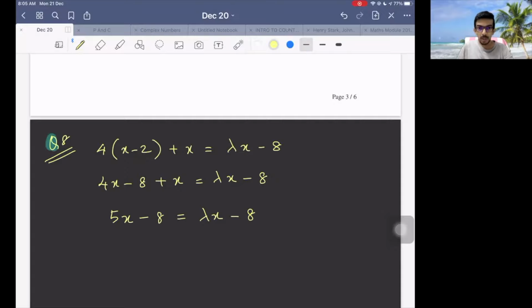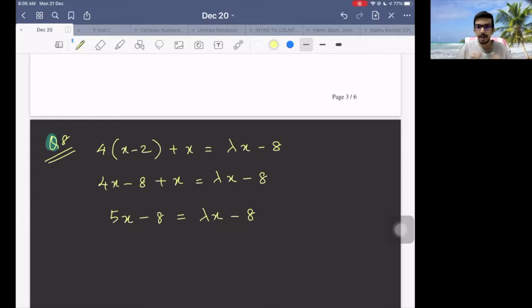Now you observe that the constants are exactly the same, right? Now, remember, if the coefficient of x also happens to be the same, you will have identical expressions on both LHS and RHS.